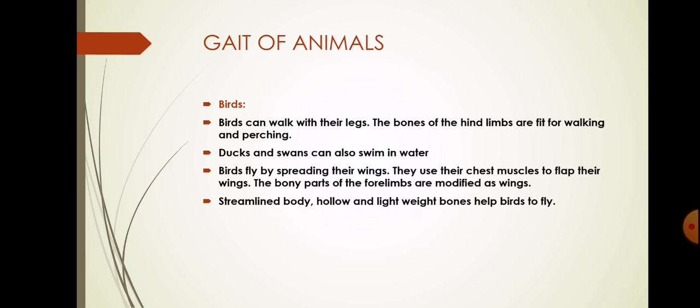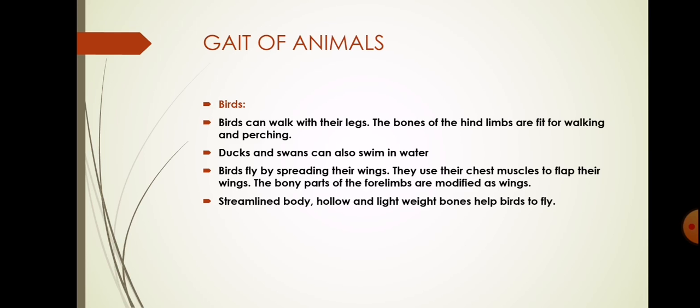That's why we can say that the inner bones of the hind limbs are fit and strong enough for walking and perching. In the same way, ducks and swans are able to swim in the water because of these legs only, because these legs have a thin skin with which they are able to swim in the water.